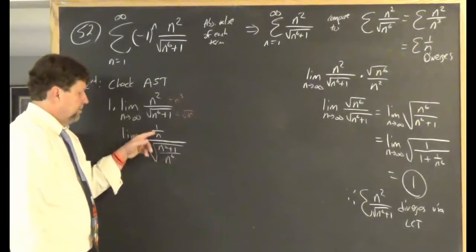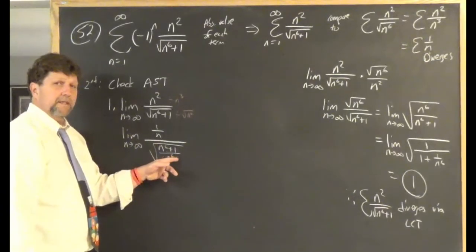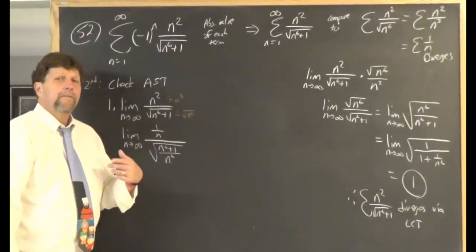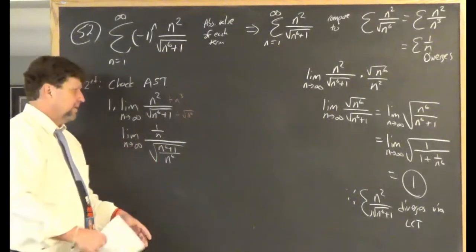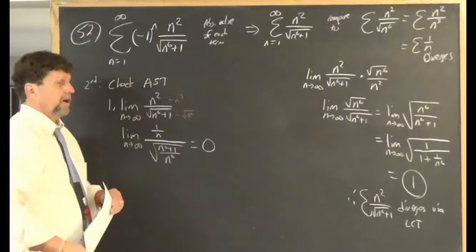So then the limit would be 0 over the square root of 1 plus 0. So that's 0 over the square root of 1, 0 over 1. This limit is 0.